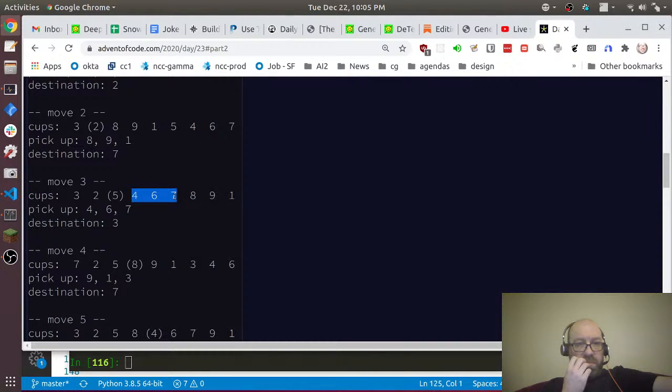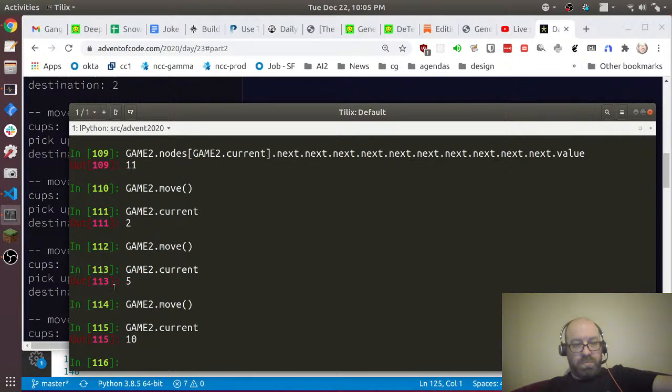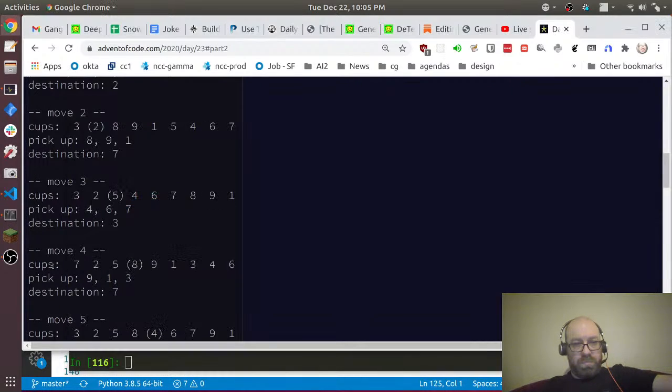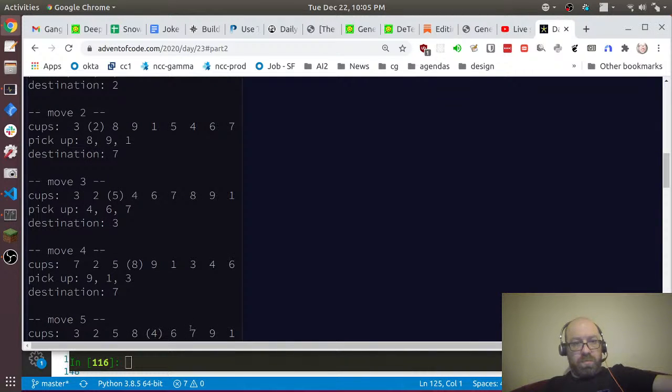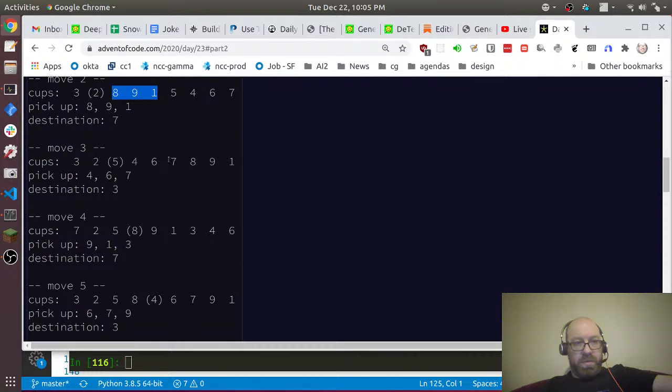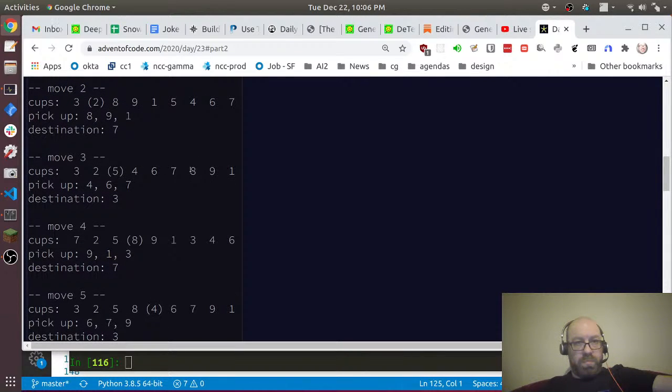And then I go to 8. Because when I pick up 8, 9, 1, and I put them after 7, so I get here, and I pick up 4, 6, 7, and I put them after 3, so it's 8, 9, 1, and then everything.